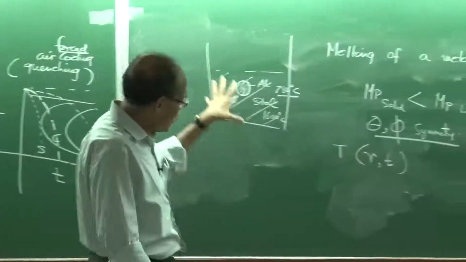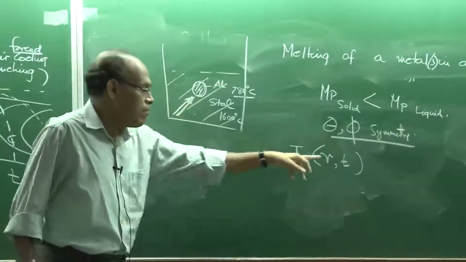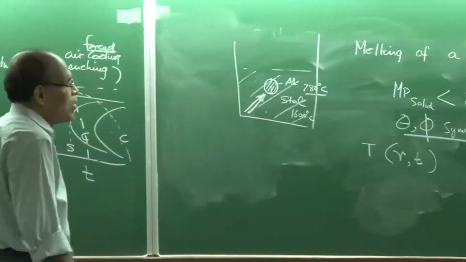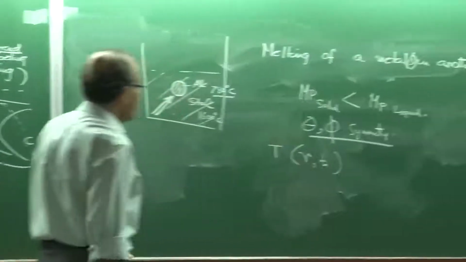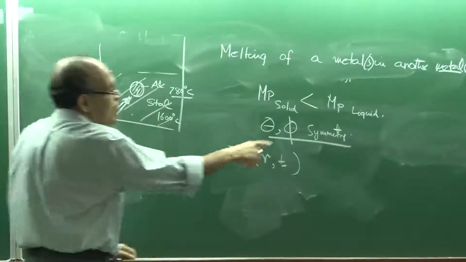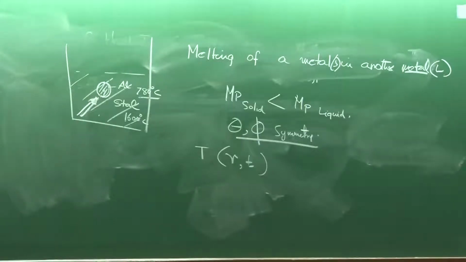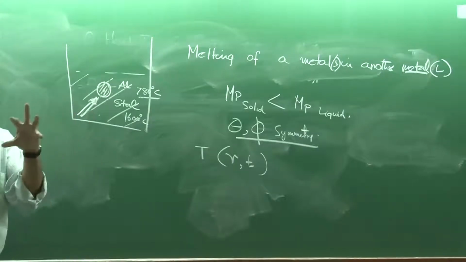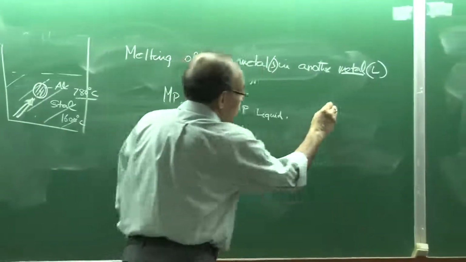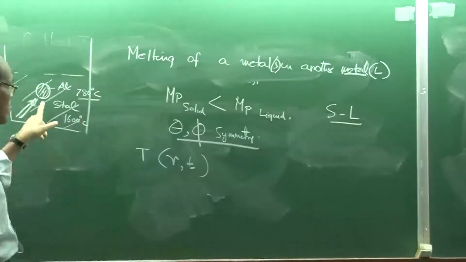And if you look at the process, it appears that temperature is going to be a function of the radial coordinate and time, and wherever the temperature touches 780, the solid will turn into a liquid. And in this particular case, we also know that there is going to be a phase transformation, and that phase transformation which will take place at the surface is the solid to liquid phase transformation.